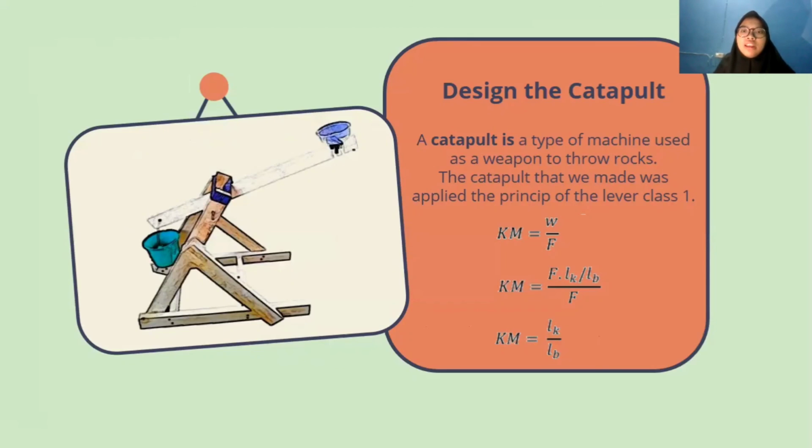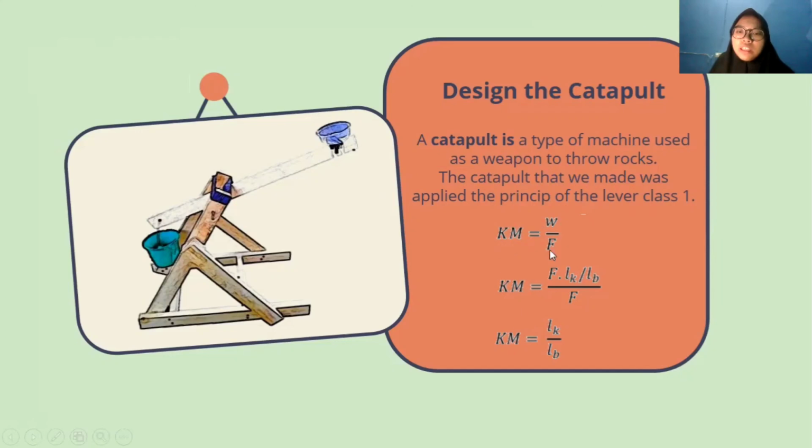The catapult that we made applies the principle of the first class of lever because the fulcrum is in the middle, the load is at one end, and at the other end we have the effort. To design it to be effective, we use the formula of mechanical advantage.